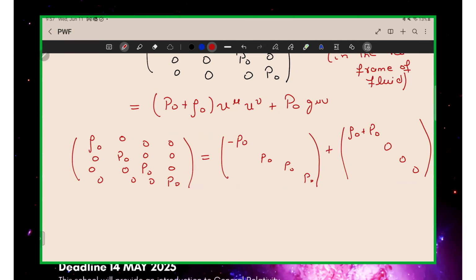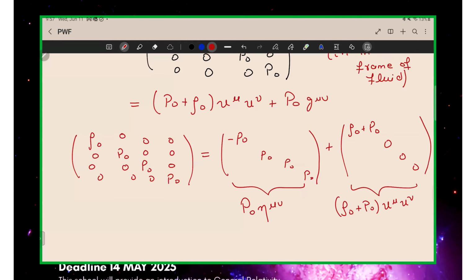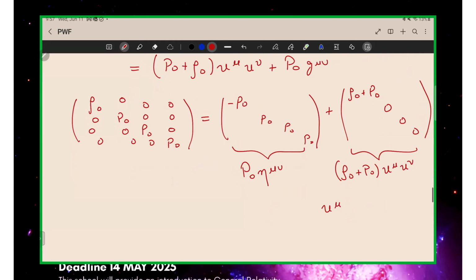Now, the thing is that this first matrix is nothing but P naught times eta mu nu, because eta mu nu has a negative entry in the time component and then it has positive entries. This is rho naught plus P naught times this, but in the rest frame. So I told you that in the rest frame, we have this, right?